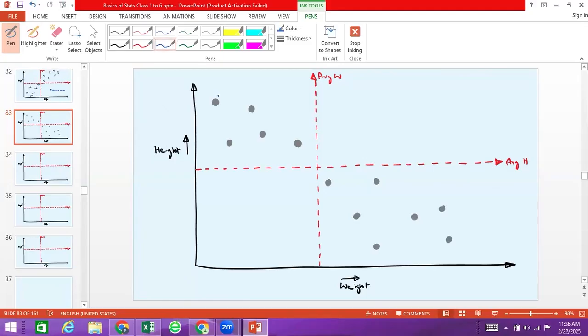This point will have a negative area because they are in this coordinate.